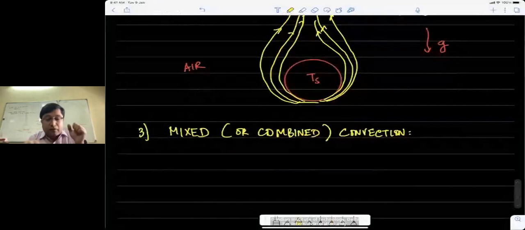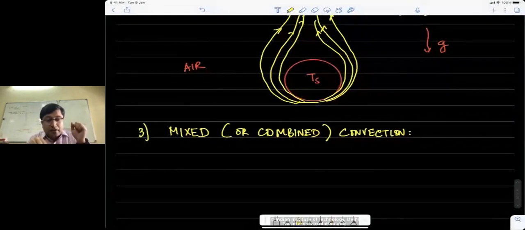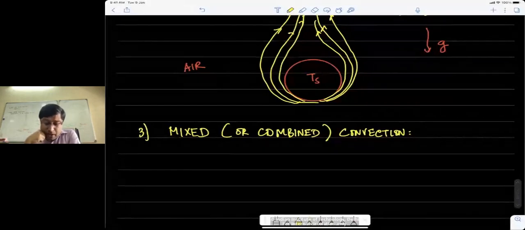It means it's a combination of the two mechanisms, both natural and forced convection. And this typically happens when the velocities you are creating because of an external fan or an external blower are not as large compared to the velocities induced because of natural buoyancy changes.